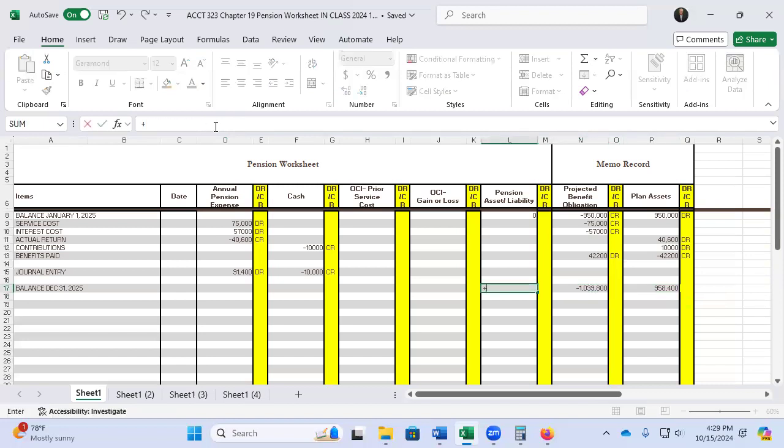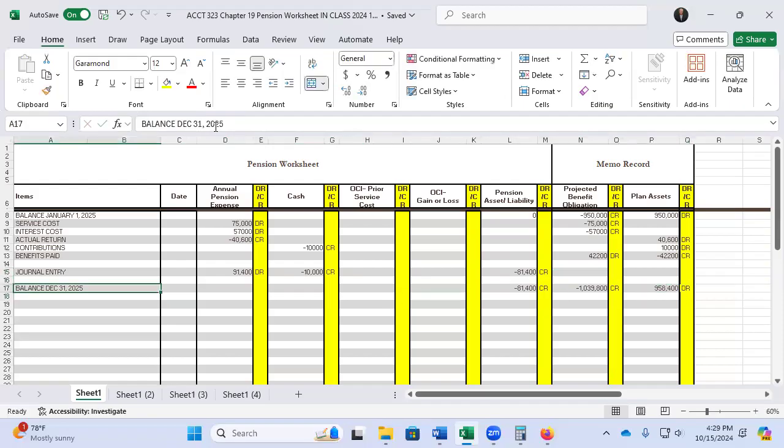So now we have to figure out, do we have a liability or an asset? We can see that we're going to have a liability. So these are credits. Credit. And so we have our entry now. And it comprises ones on this line.